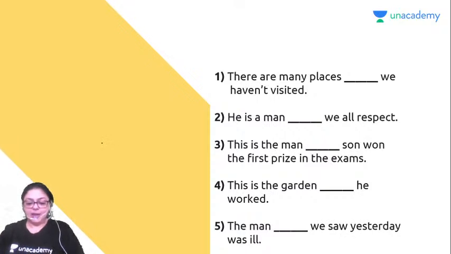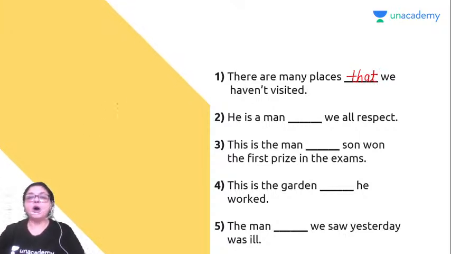Okay, so now that I am back, let me see. Now the first sentence, I'm going to give you the answers. There are many places dash we haven't visited. There are many places that we haven't visited.